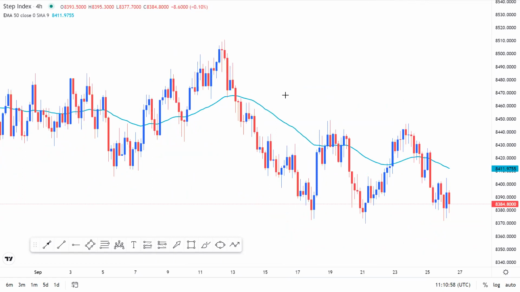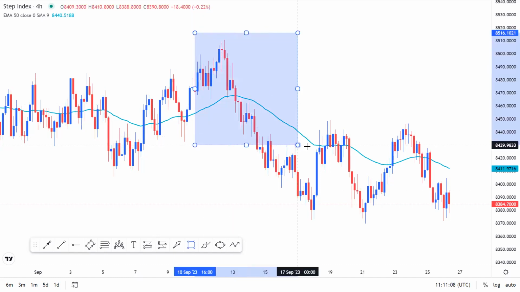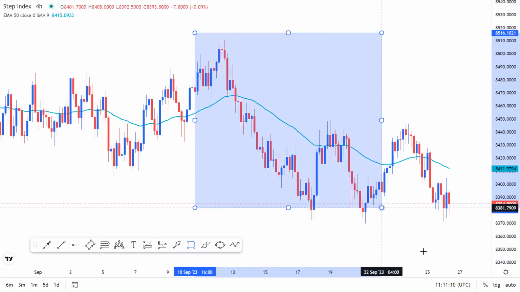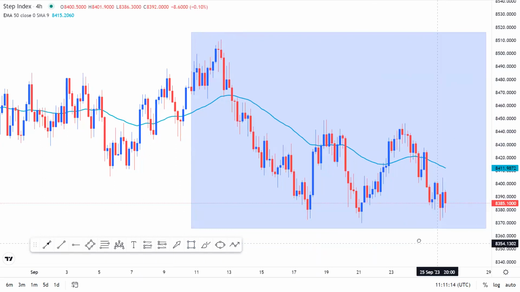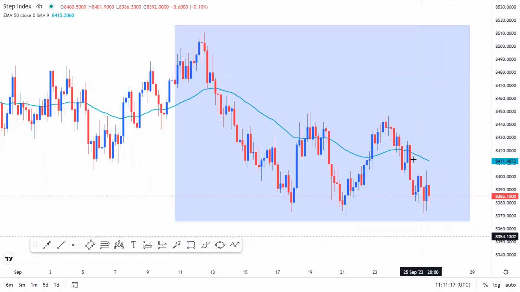Okay, so I'm going to highlight this session right here. Within this very highlighted session, I guarantee you can already see one head and shoulder pattern.